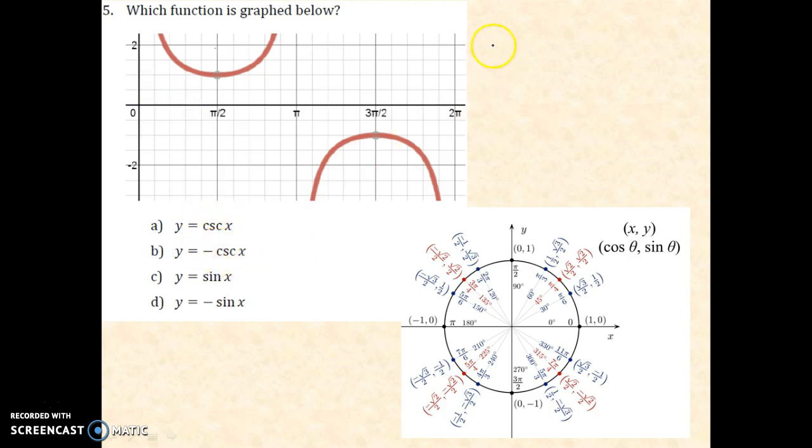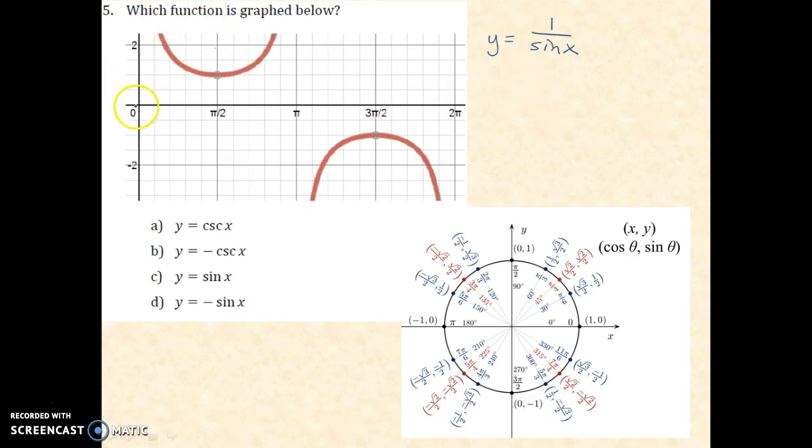And what is cosecant? Cosecant is 1 over sine of x. So we can use our information from the unit circle about sine of x to tell us what cosecant of x is going to be doing. So let's just graph cosecant of x and see if it matches.